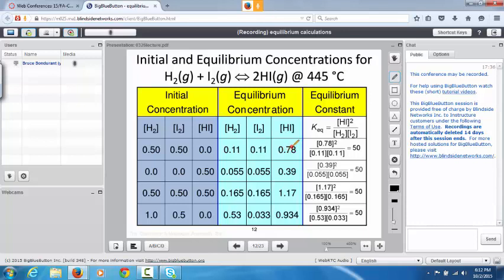The HI is 0.78, which means that for each 2 HIs that are made, one H2 and one I2 is consumed. Starting out with 0.50, you have of course at the beginning 0 for HI, and now you have 0.78. Well, you take 0.78 over 2.